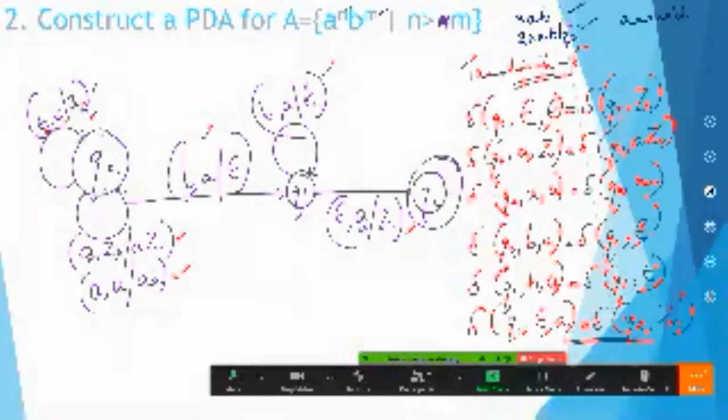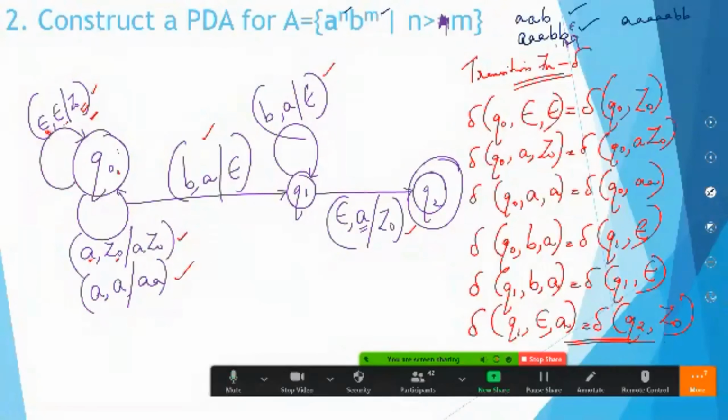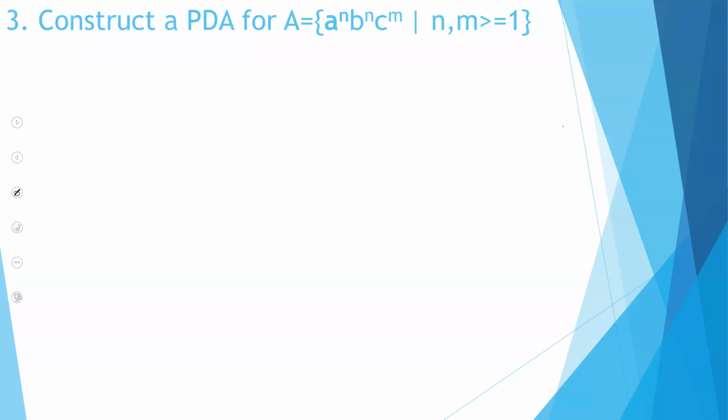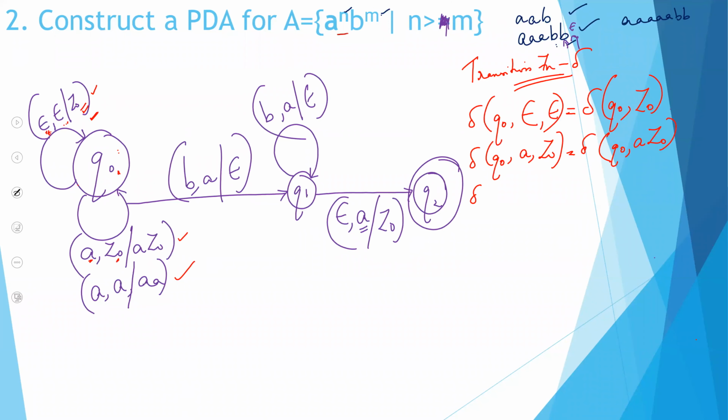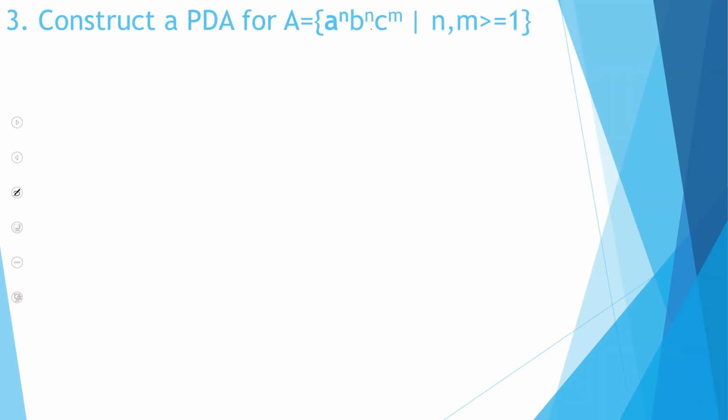Now, the same way you've written the transition function for this, you can even write the transition function for the previous one, A raised to N, B raised to N, C raised to M. This is valid. Triple A, triple B, C, you're not bothered.